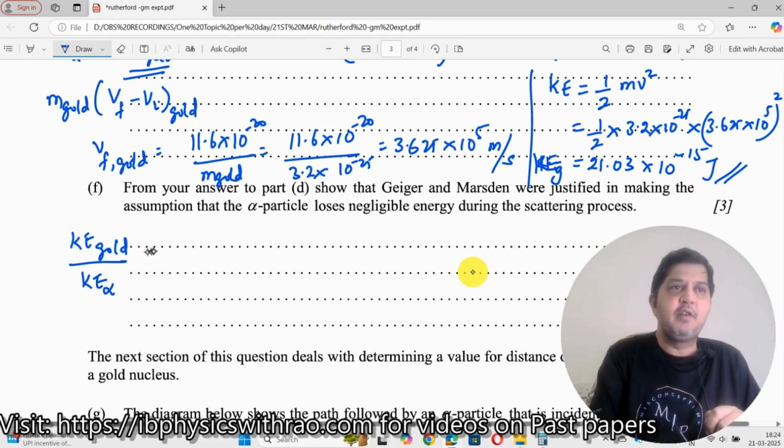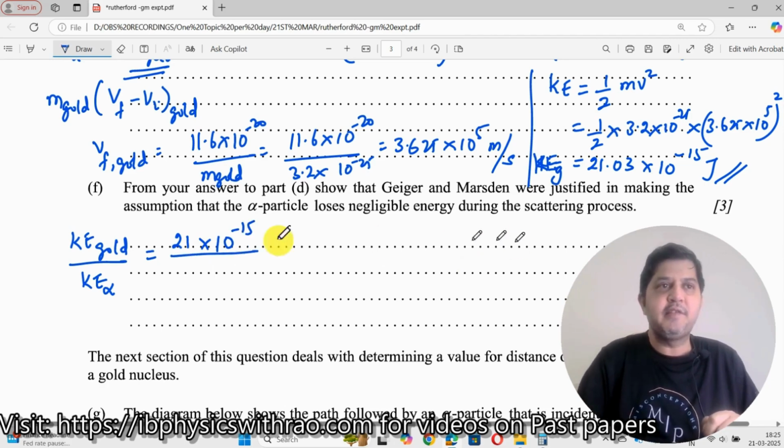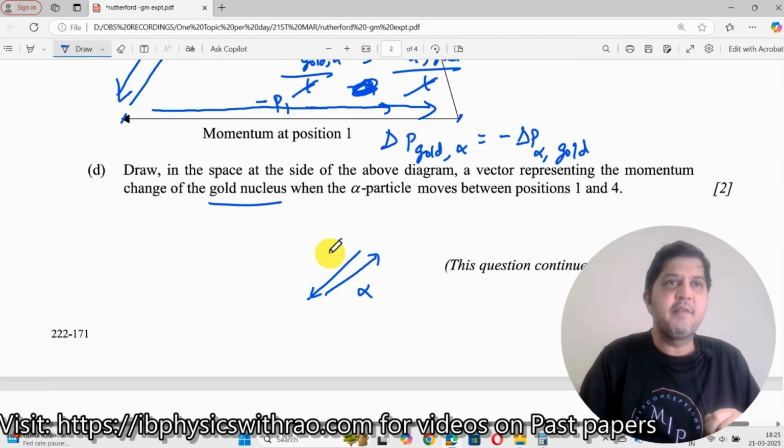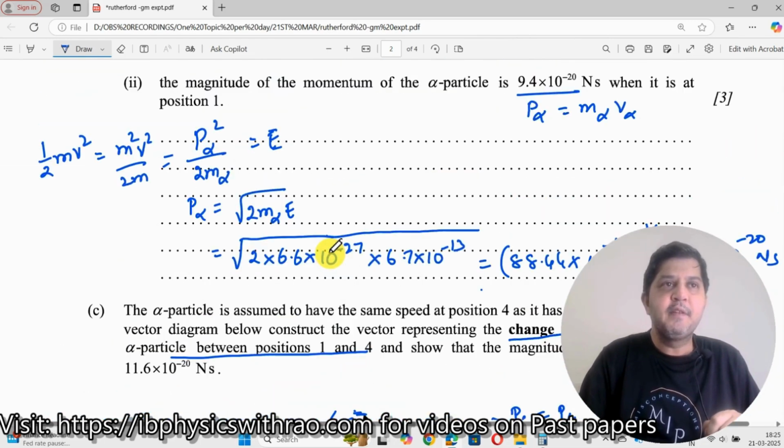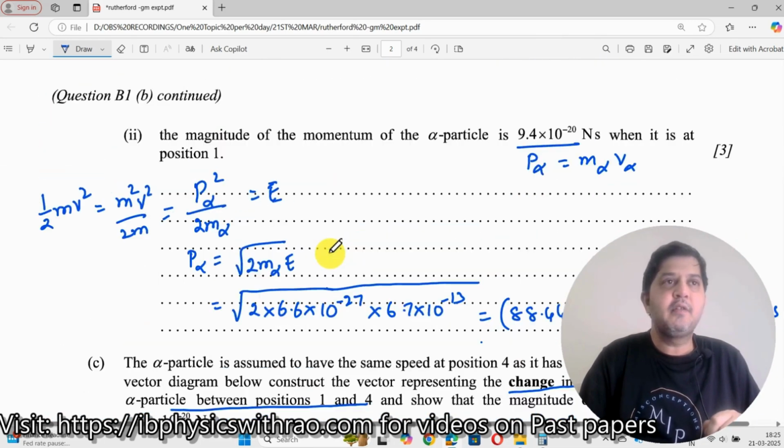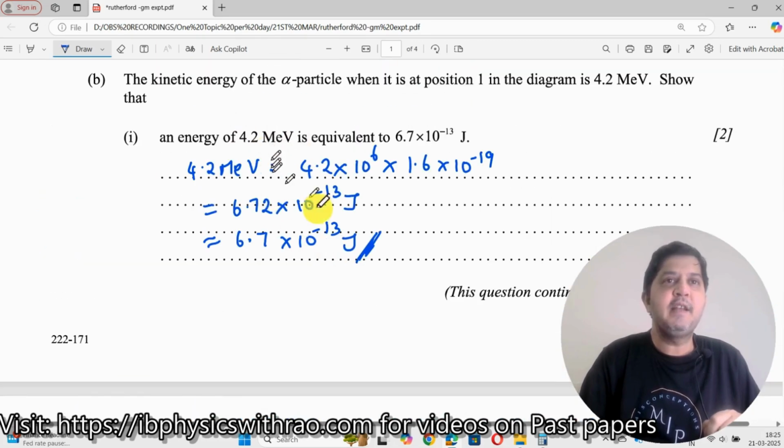So when I do this, 21 into 10 power minus 15 divided by kinetic energy of alpha particle. What is it? We have already found that somewhere in the beginning. So this should be somewhere over here, right? It was given as 6.7 into 10 power minus 13.